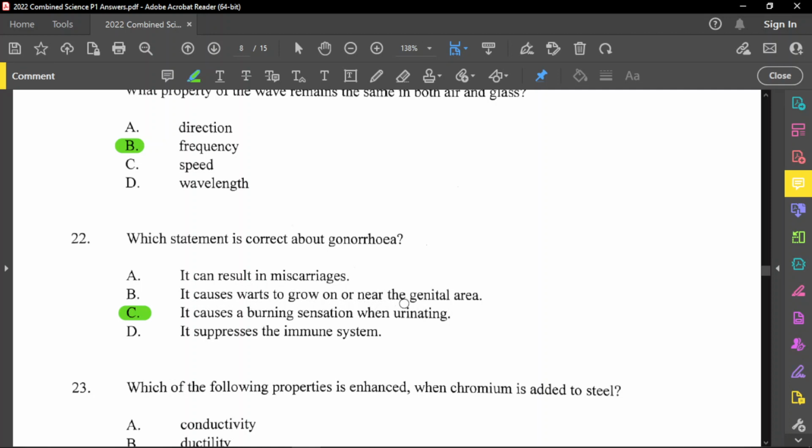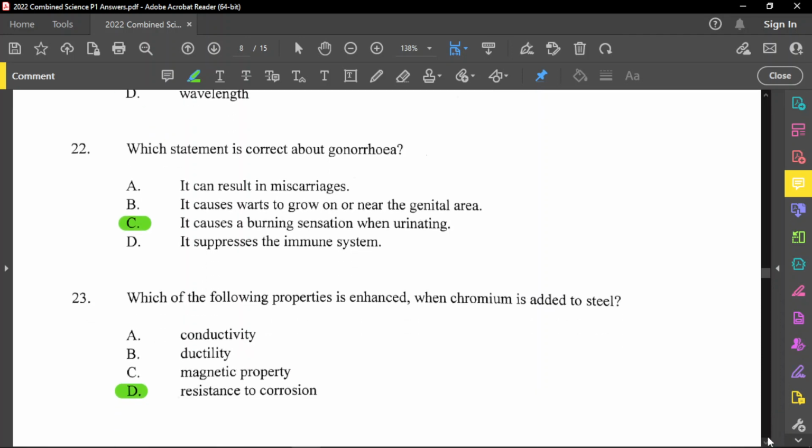That's actually called genital wart, which is not necessarily associated with gonorrhea. Gonorrhea is merely an infection. So what you have here is a burning sensation when urinating. So option C is correct. And of course, depending on how bad it is, it can damage the immune system. But again, the burning sensation is one of the main symptoms of gonorrhea.